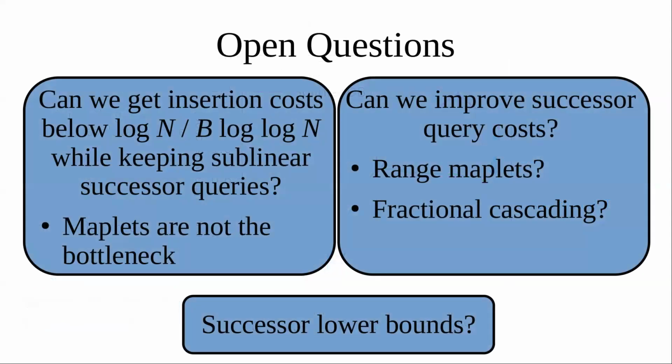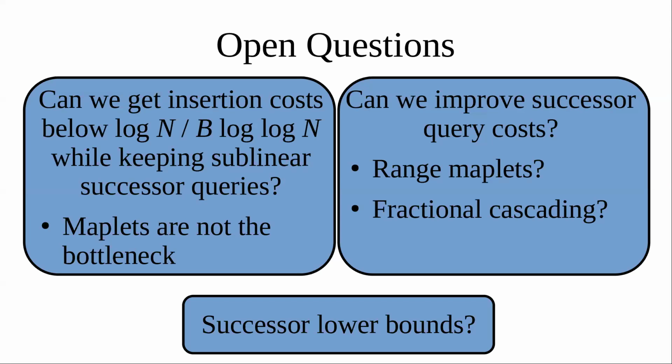So that's it. I hope I've got you intrigued by this problem of how far we can push this insertion cost down while keeping good point queries and supporting successor queries without scanning your entire database. I think there are really 3 basic open questions. Can we make the insertions faster? Maplets are not the bottleneck.